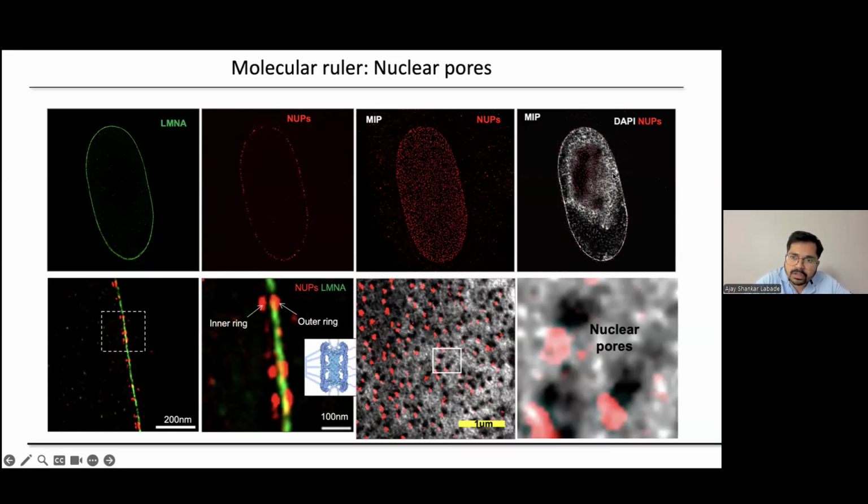We can count the total number of pores, and they resemble very well the electron microscopy images or counts. There are typically 2 to 3,000 pores on every normal cell. So this tells us that we are able to expand the chromatin isotropically. There is no change in the way it is organized at a very small scale, even at a nanoscale like a nuclear pore.